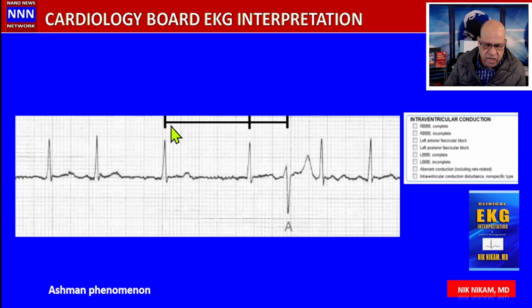Anytime you see a long RR interval followed by a beat that comes with a short interval, because of the refractoriness of the conduction system, we see a bundle branch block pattern which looks like a wide QRS beat, but this is actually a supraventricular beat with aberration, which is known as the Ashman phenomenon. So you need to be familiar with the Ashman phenomenon.